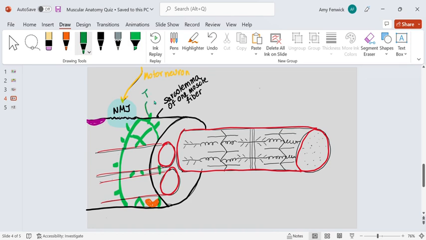These are called transverse or T tubules. Let's just call them an interconnected network of tubes right now. So they poke out of the sarcolemma and they are internal structures to a muscle fiber.